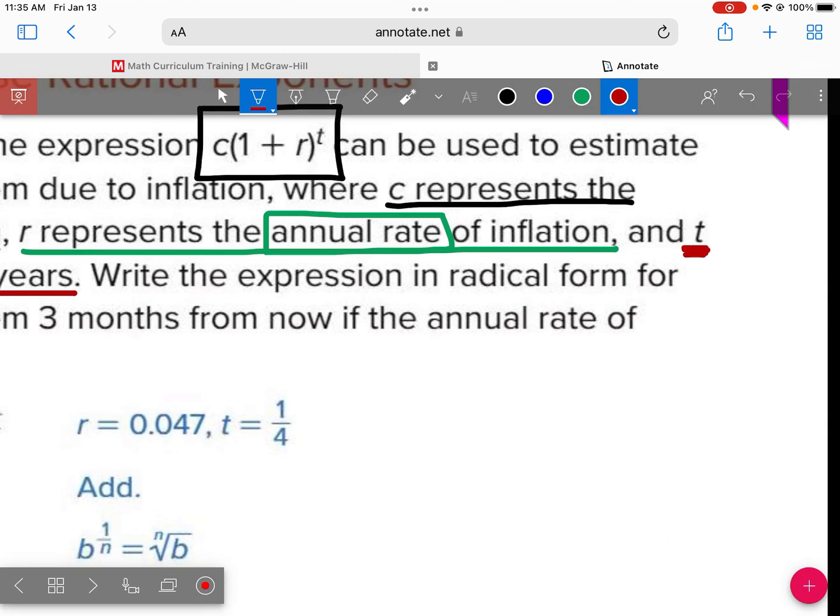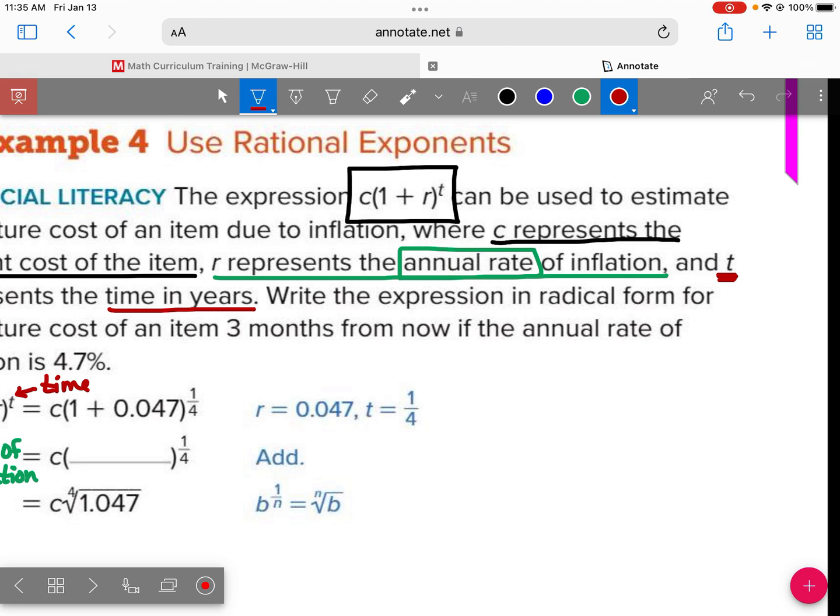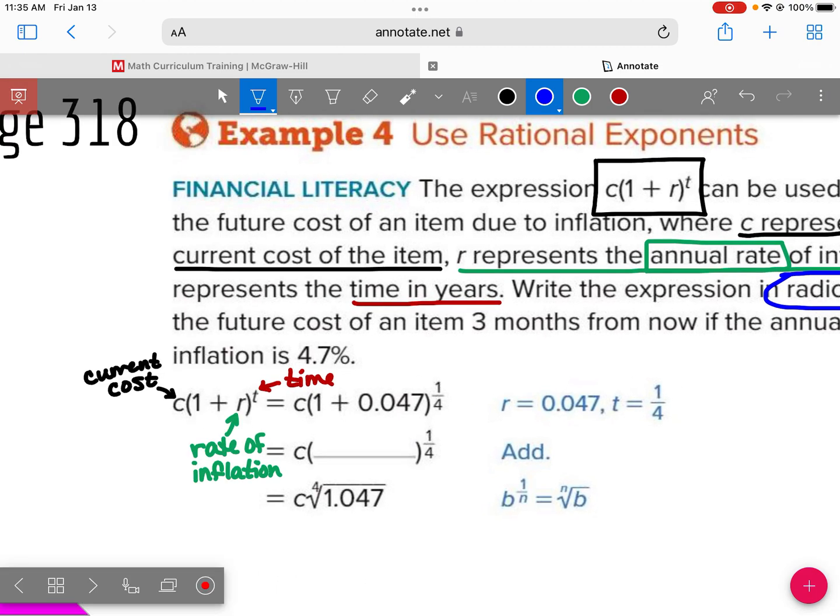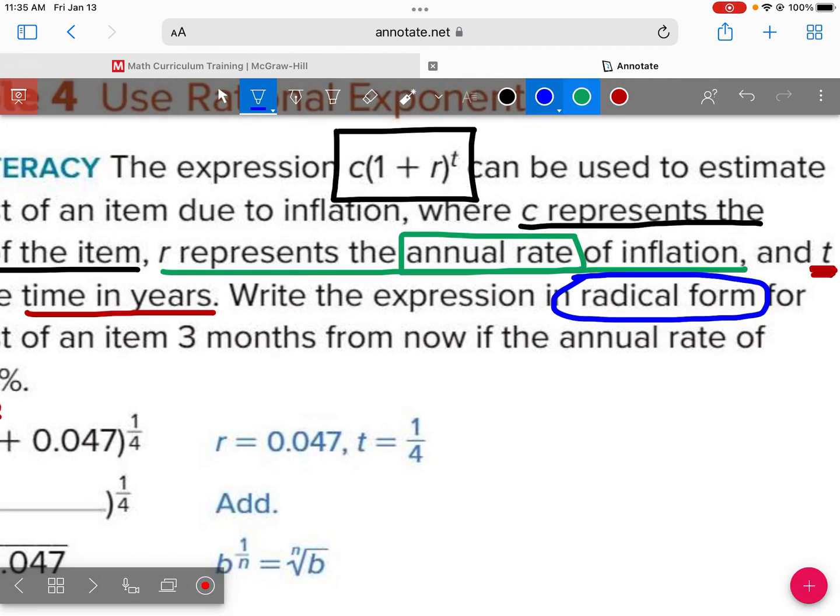Write an expression in radical form. So they asked for radical form. For the future cost of an item 3 months from now. But we said our time was being measured using what units? Time, T, is being measured using what units for time? Years.